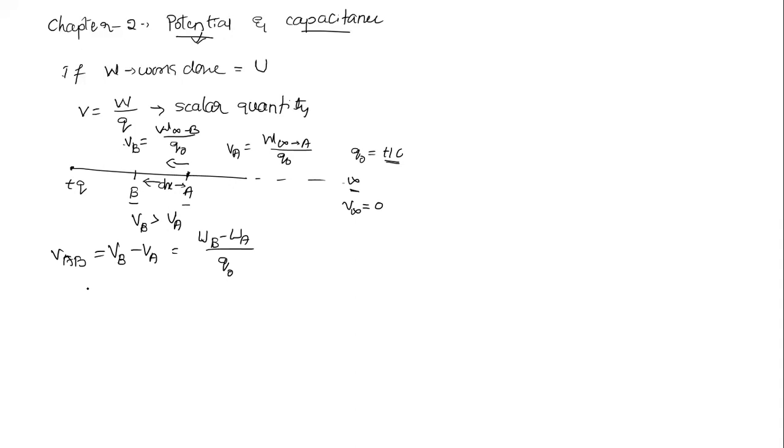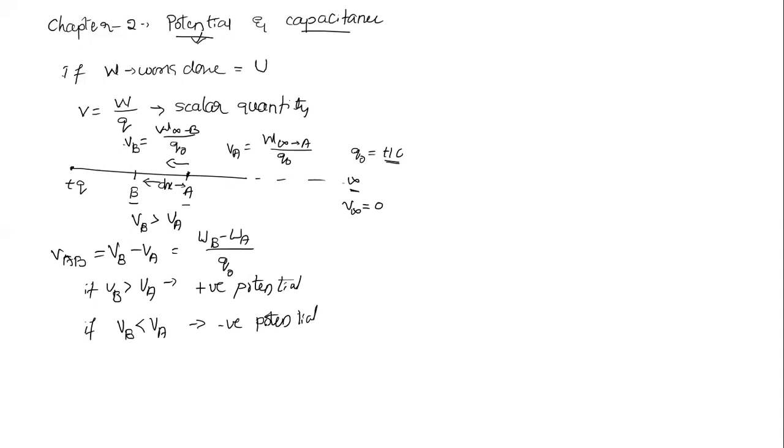Here, so if VB is greater than VA, what we get? We get positive potential. Okay, sir, what if VB is less than VA? We get what now? Negative potential.